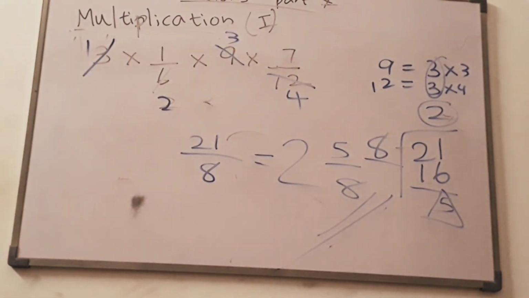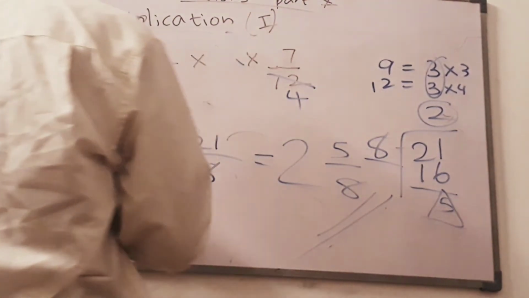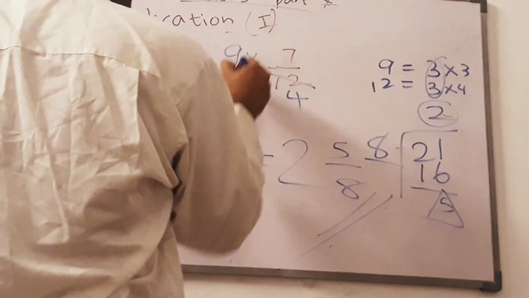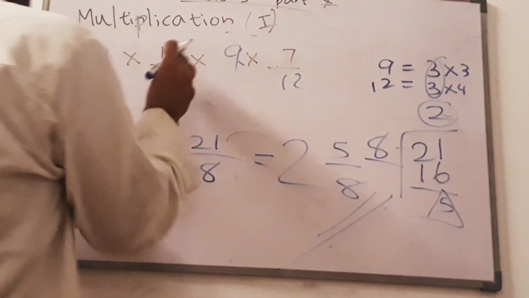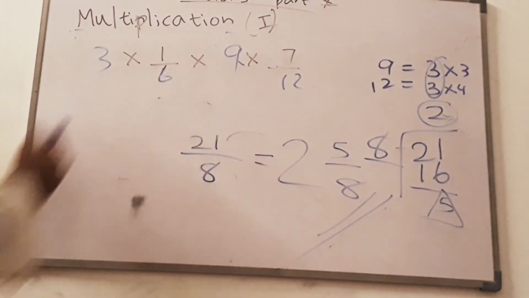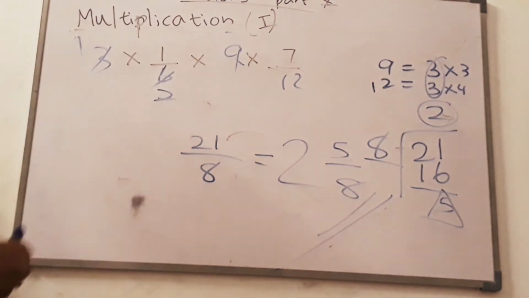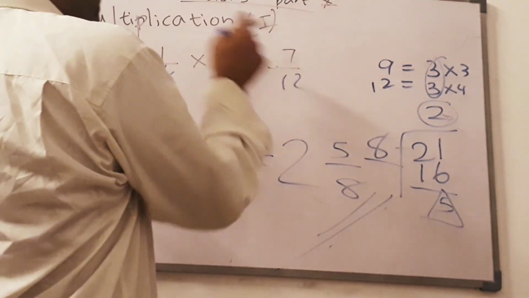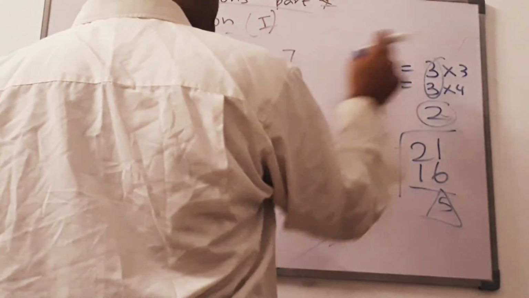Again, yes, 1 three and 2 threes. Why? Both are divisible by 3. 3 is a factor of both 3 and 6. Here also 9 and 12 can be cancelled, because 3 times 4 is 12, 3 times 3 is 9.